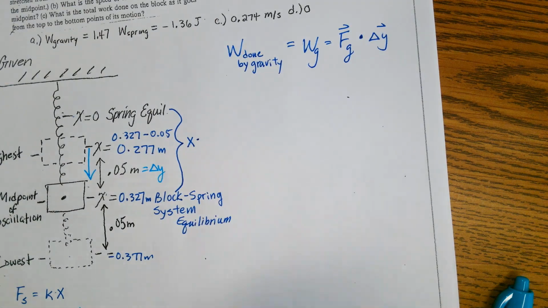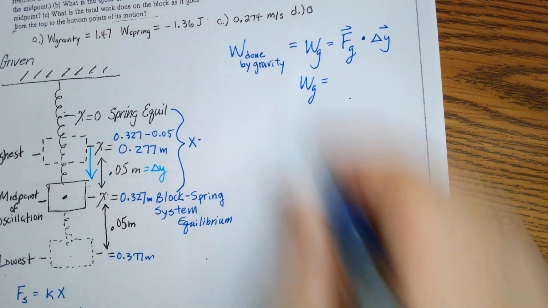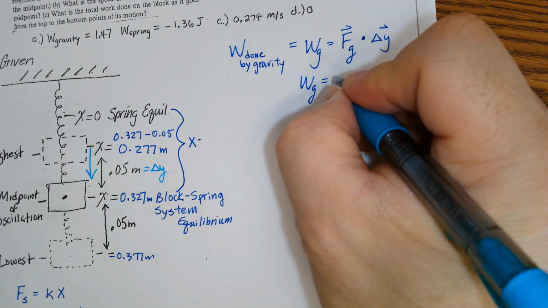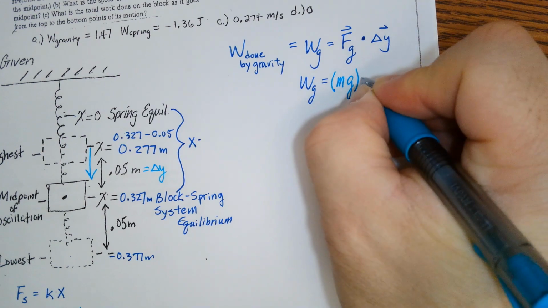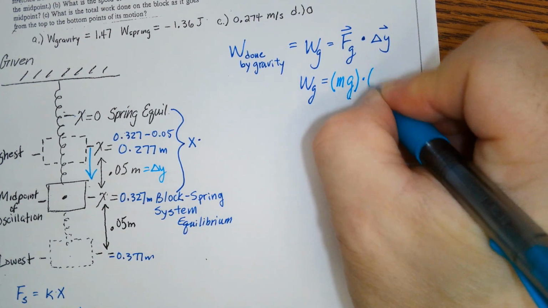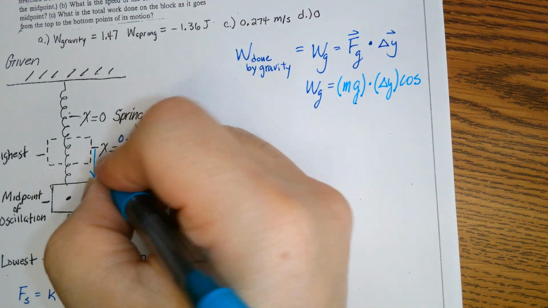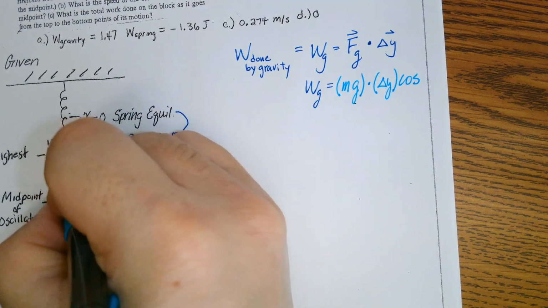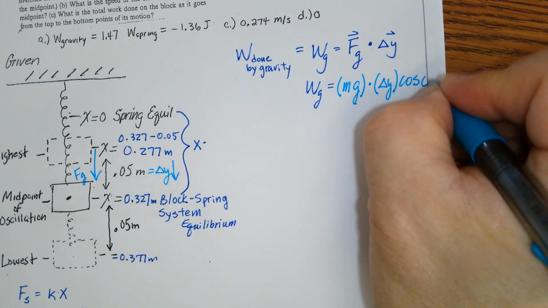So my work done by gravity is equal to Fg, which is m times g times delta y, times cosine of 0 degrees, since my Fg is down and my delta y is down.